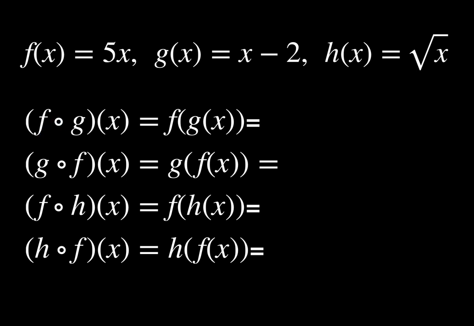I know it looks like multiplication a little bit, but it's not. It's an open dot. And we read this f of g of x, so the g of x is going into the f of x function. This is g of f of x, so the f of x function goes into the g function.